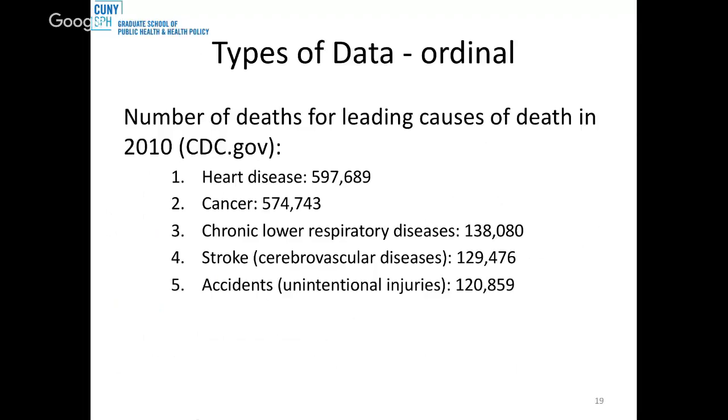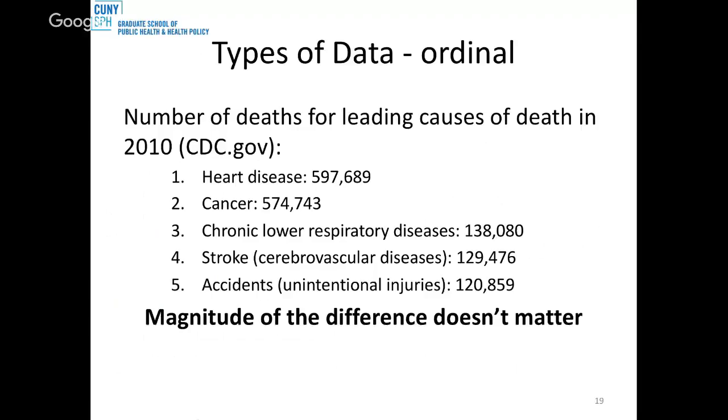And you can see here what I'm talking about, how the order matters, but the difference in magnitude is arbitrary. Heart disease and cancer are very similar, but then there's a big gap between 2 and 3. So with ordinal and rank variables, the order matters, but the magnitude is arbitrary.